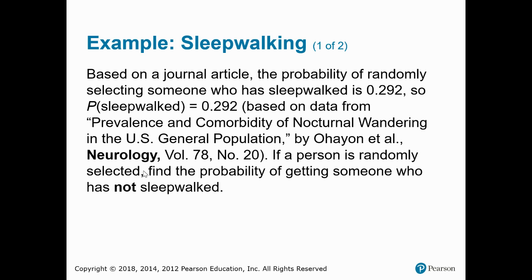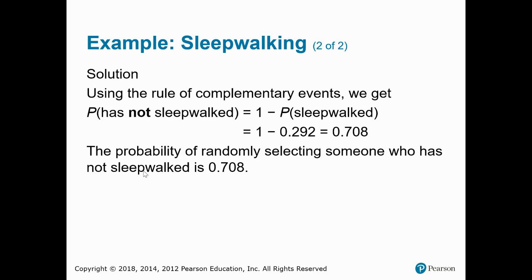You don't have to go find that data, look up this study and count it up. You just say 1 minus 0.292 and you get the probability of that complement. All right, 1 minus the probability of sleepwalking.